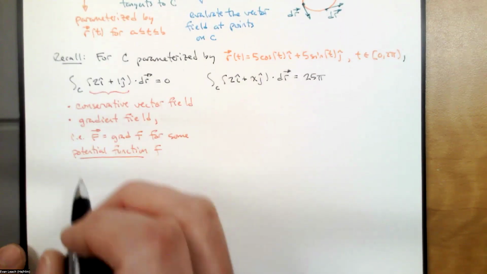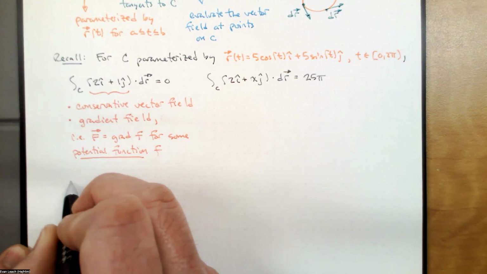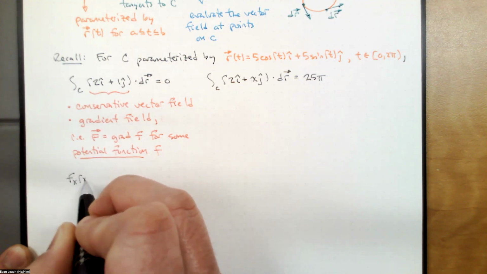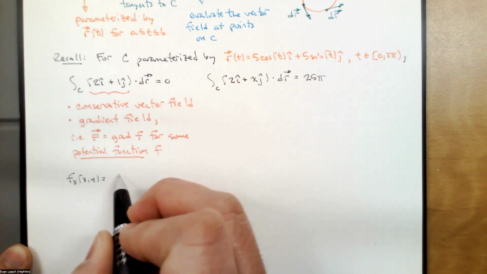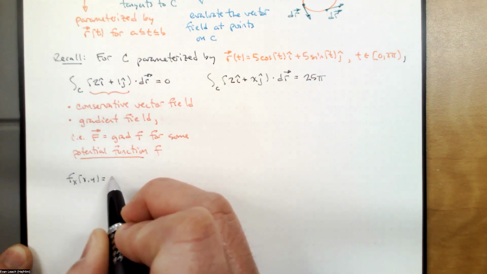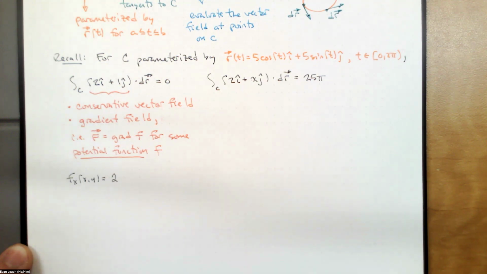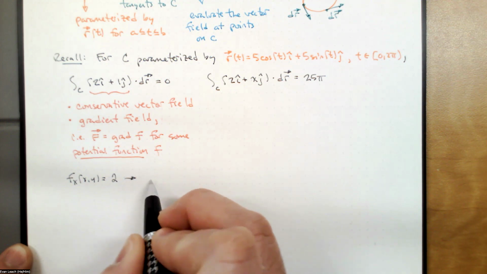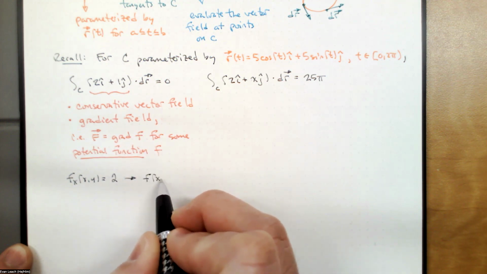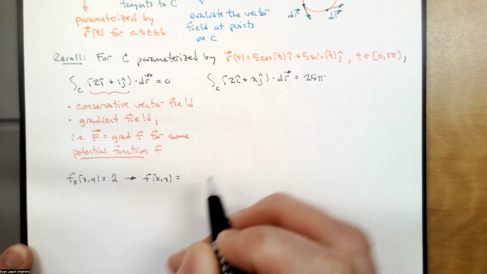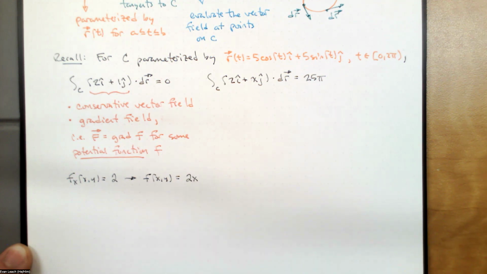If we want to figure out what that is, we could just kind of brute force it. We're saying that fx of x, y is 2. And so that means f by itself must have a 2x in it. So the function by itself has to have a term that looks like 2x.